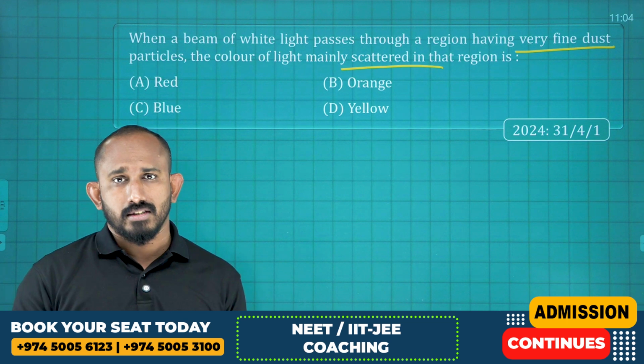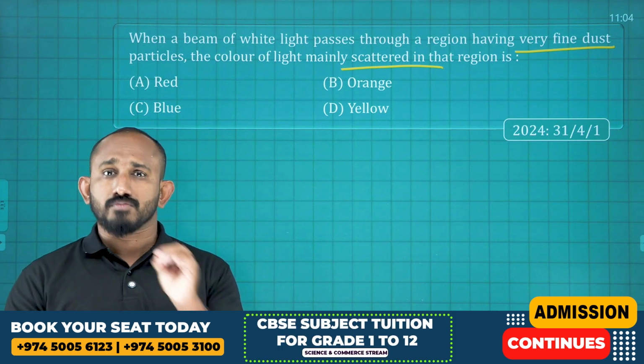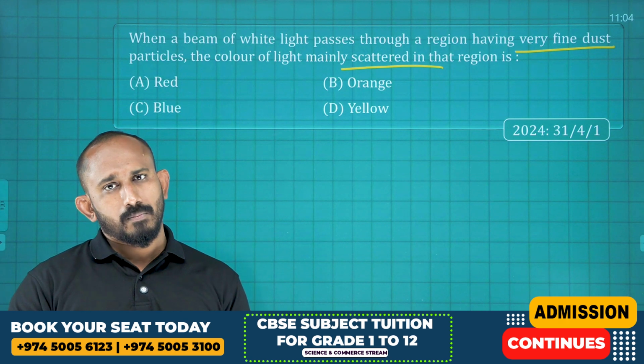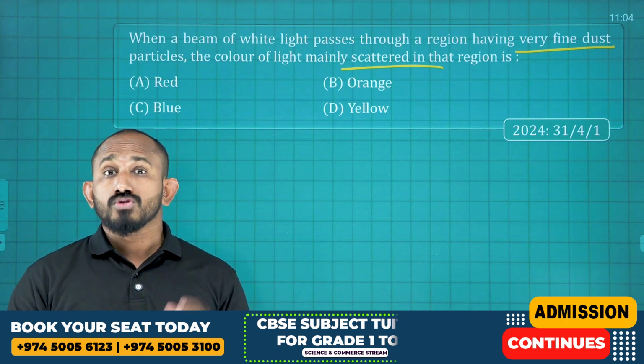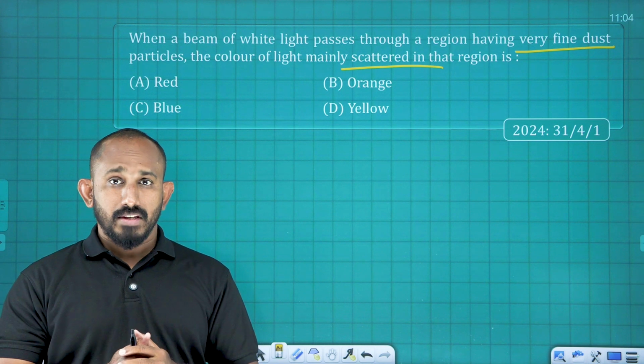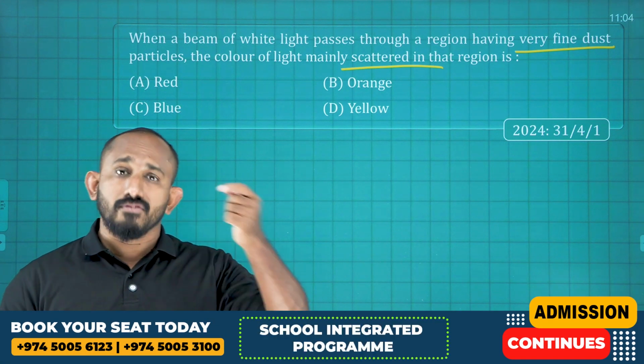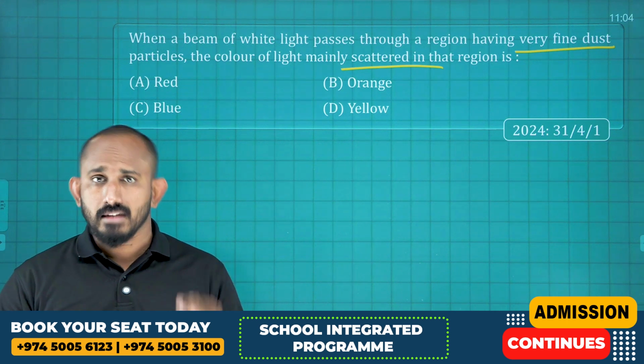The spreading of light or irregular reflection of light rays by interacting with small particles like dust particles. In that, colors having the least wavelength are scattered more, and those of greater wavelength are scattered less.